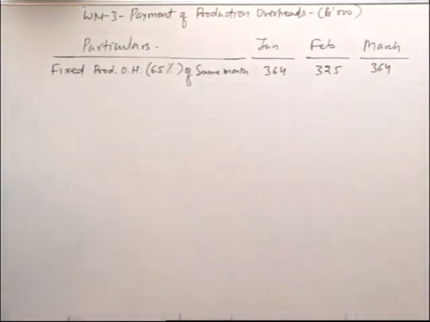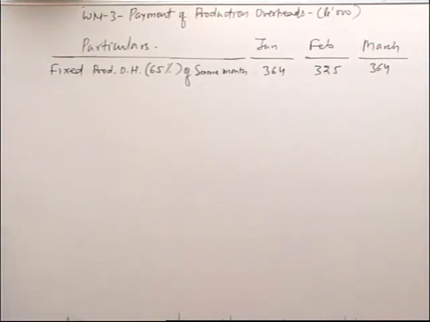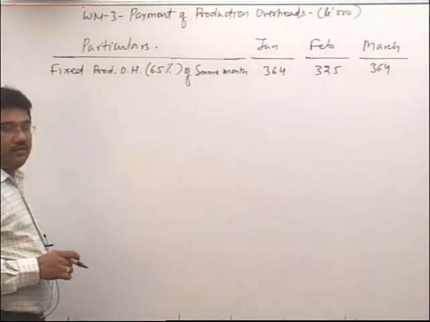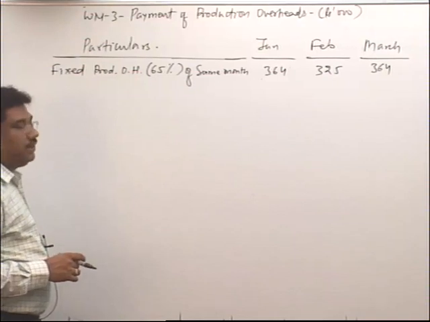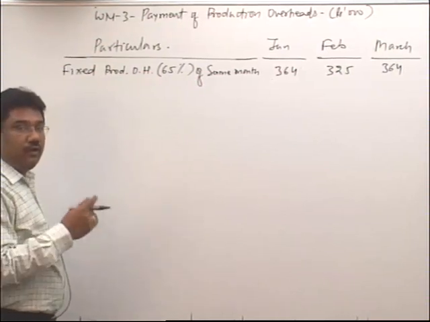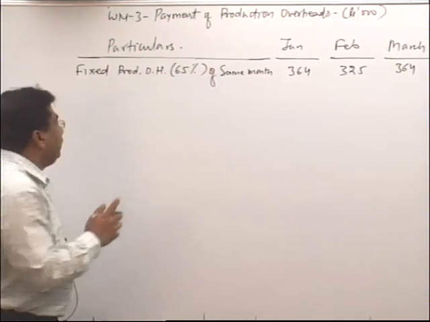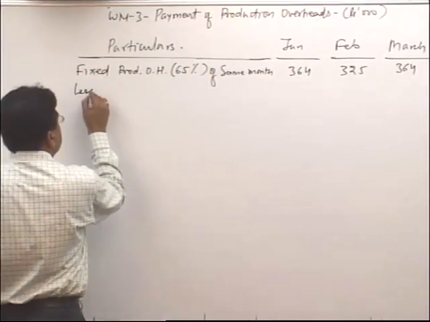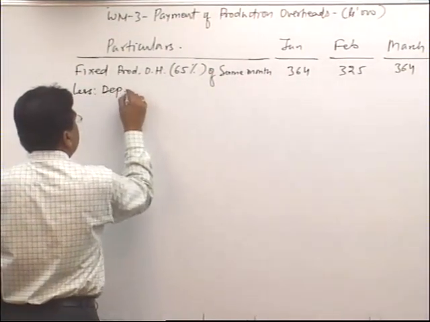Please find out 65% of same month's production overhead. It is 364, 325 and again 364. Now this includes depreciation of 164, and depreciation is a non-cash item. So from this we will exclude depreciation. So write down less depreciation included.